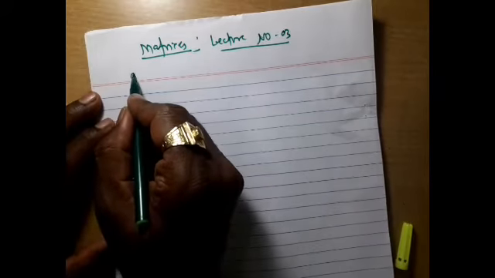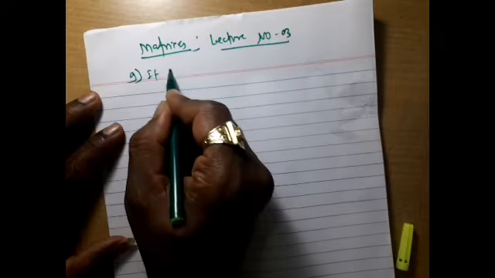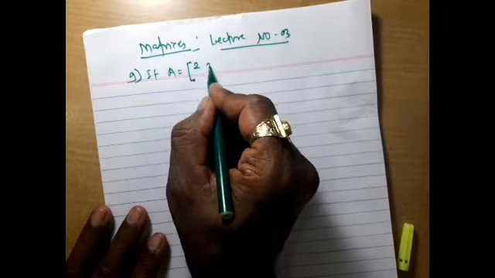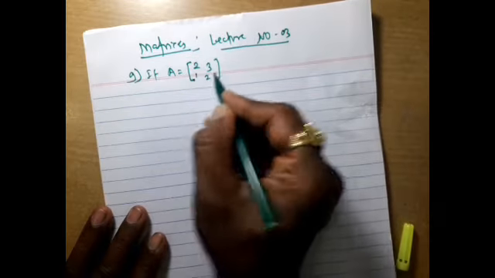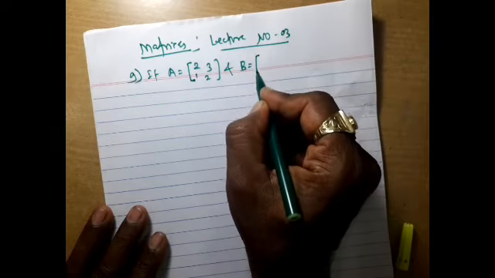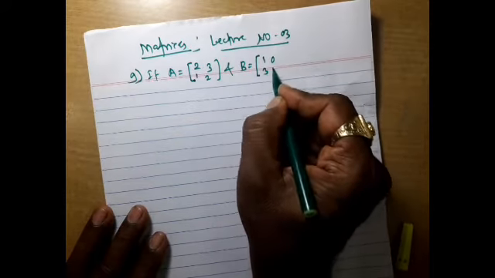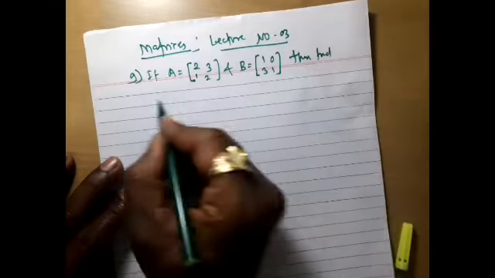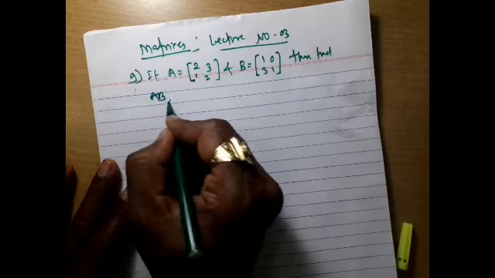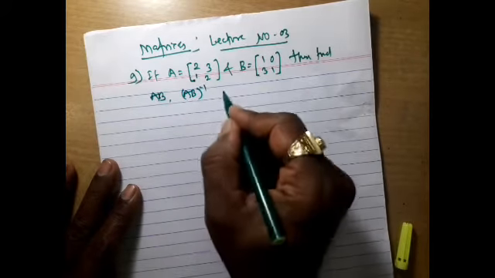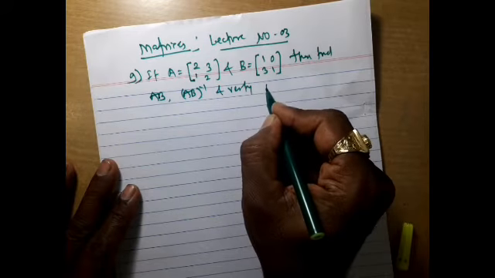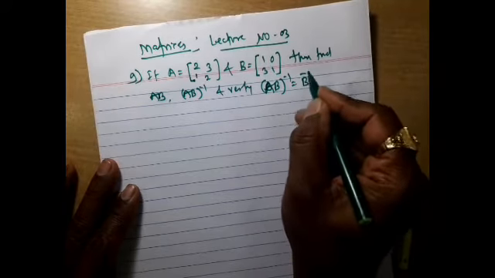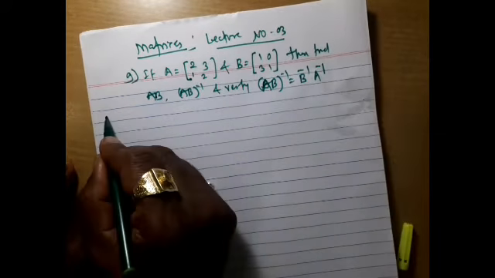The problem number 9. If the matrix A is [2, 3; 1, 2] and matrix B is [1, 0; 3, 1], then find AB inverse and verify AB inverse is equal to B inverse into A inverse.